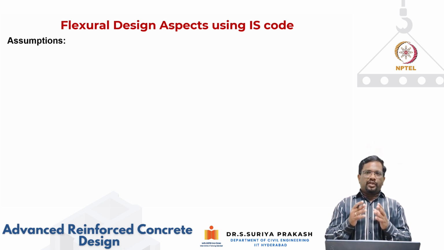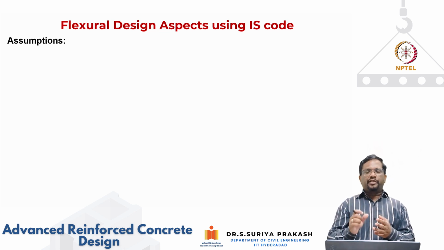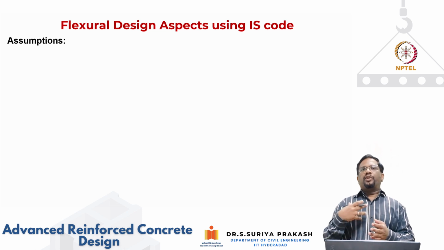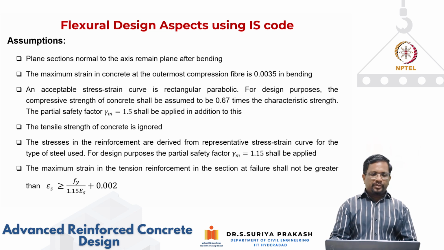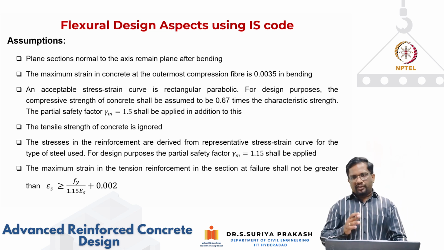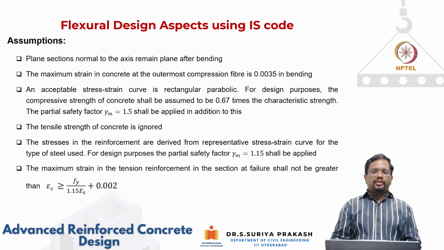But the IS code, as a design code, wants the design engineers to calculate the capacities in a conservative way. We should not be overestimating the capacity. So the code specifies design stress strain curves, which we will talk about. But the fundamental assumptions in your flexural design still remain the same.